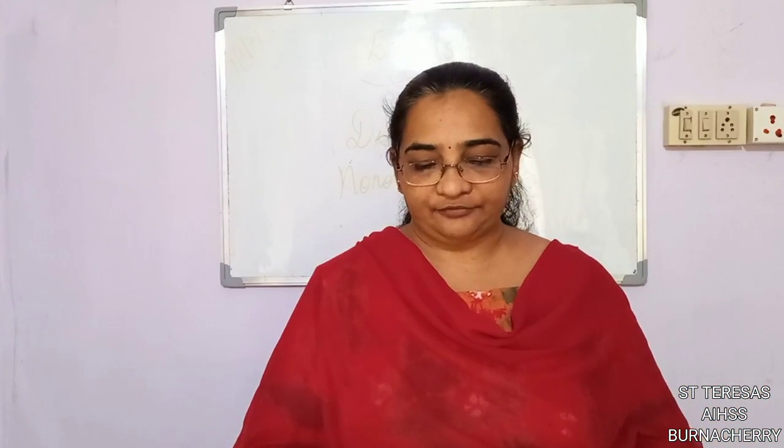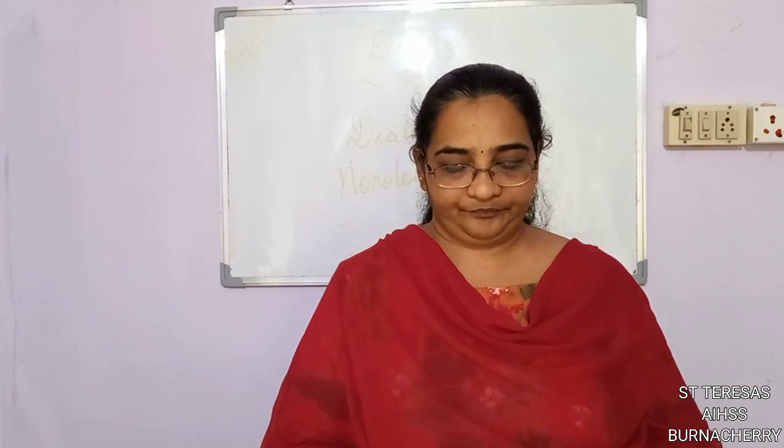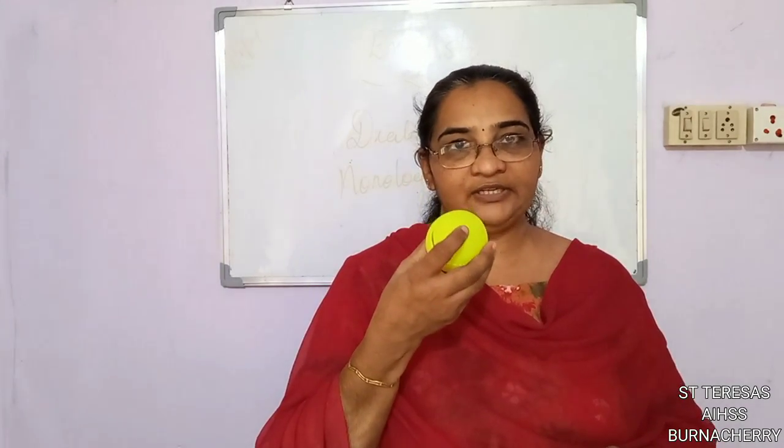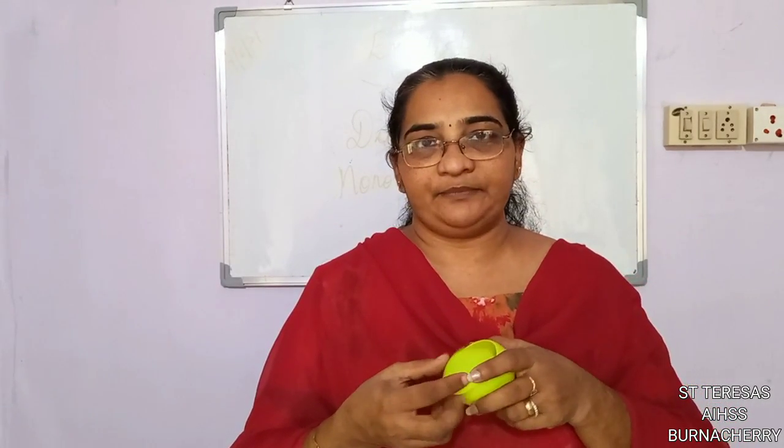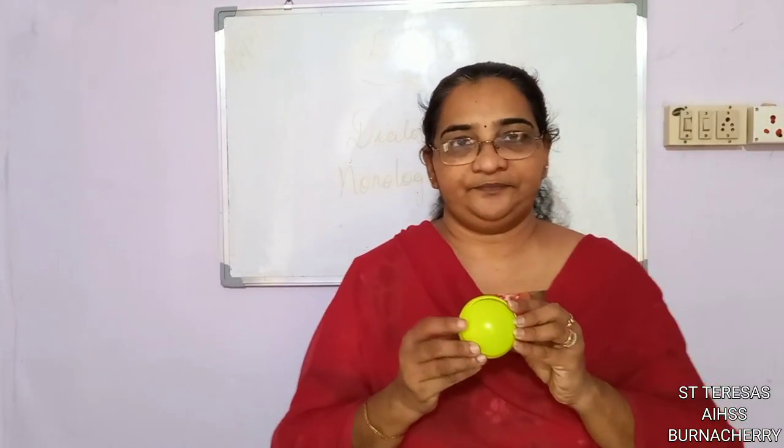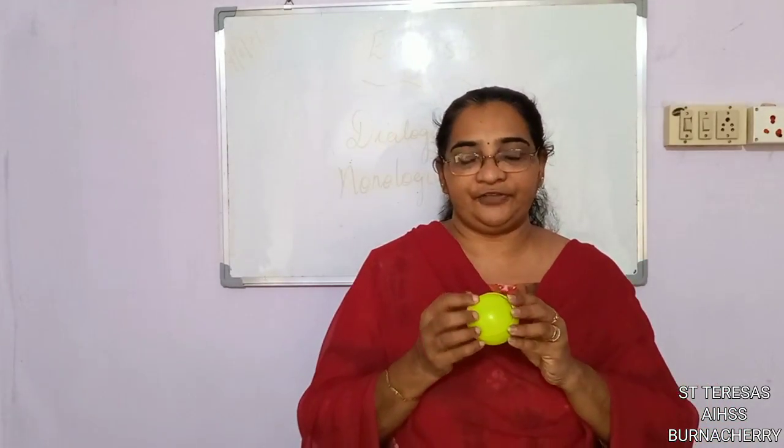Now, I have a ball here. Now, I have cut the top portion of the ball. So, what shape is this ball? It is a sphere, isn't it? It is round in shape. It is a sphere. Now, I have cut open the top part of the ball.